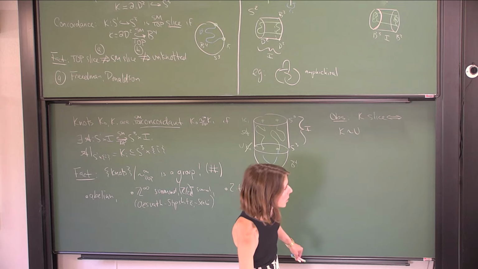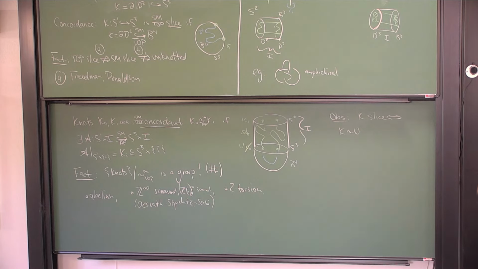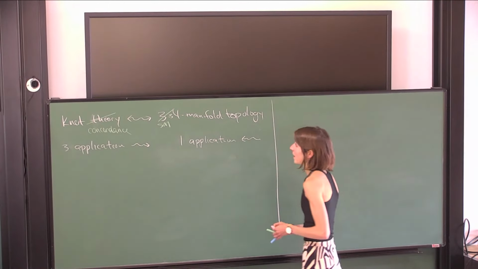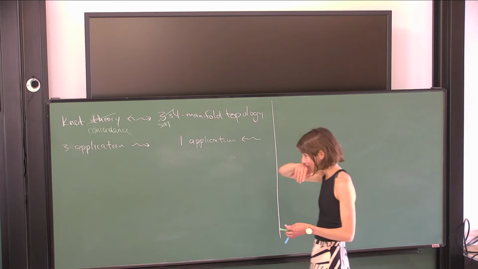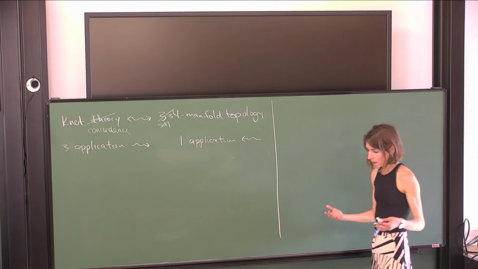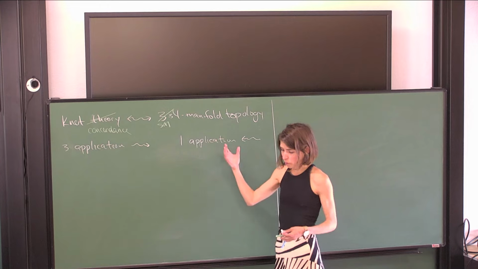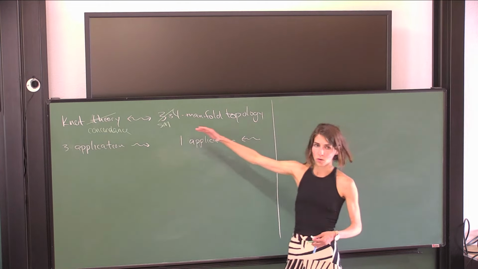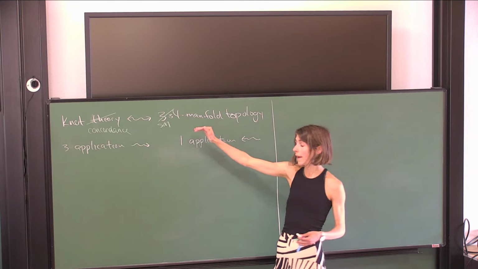Okay, so let me start by saying something vague about what's so great about dimension 4. The reason is that it's the most complicated dimension where you don't start to get classification theorems.